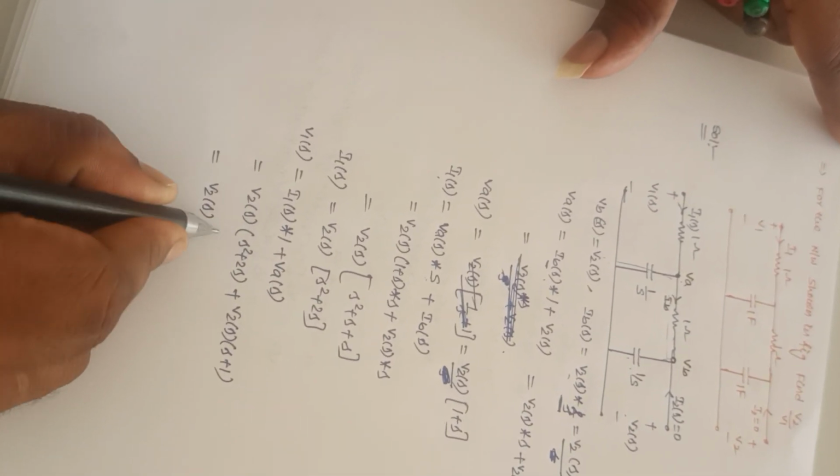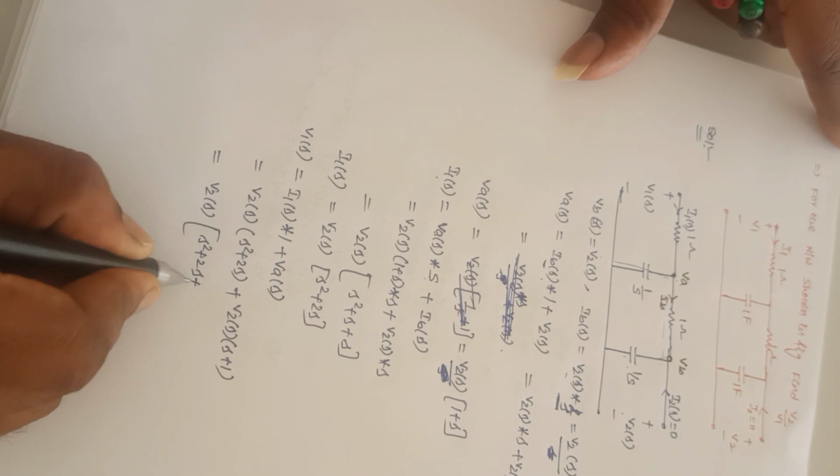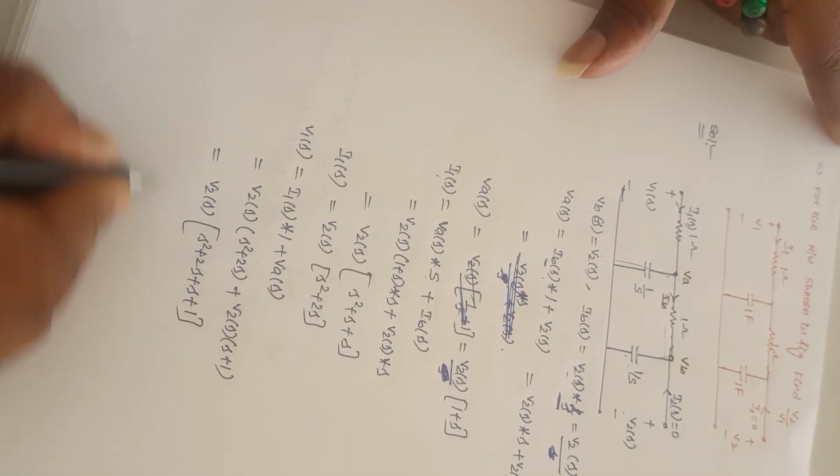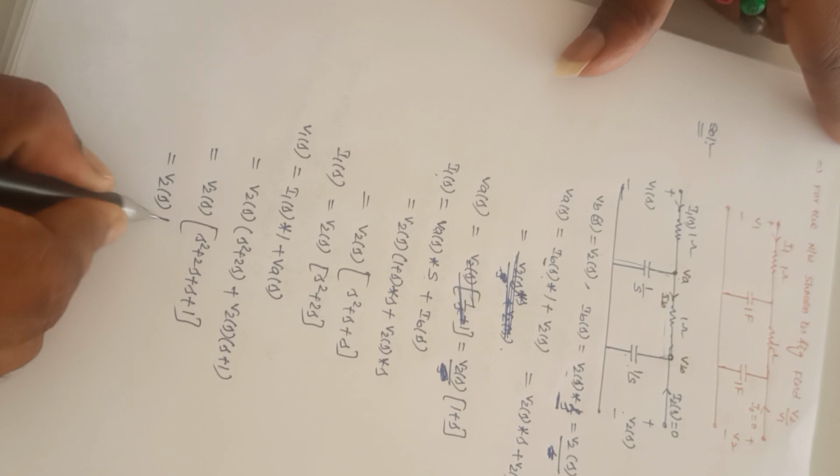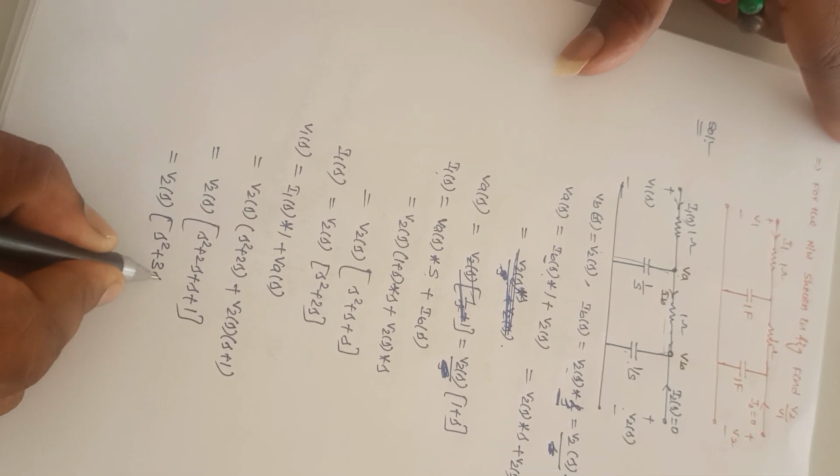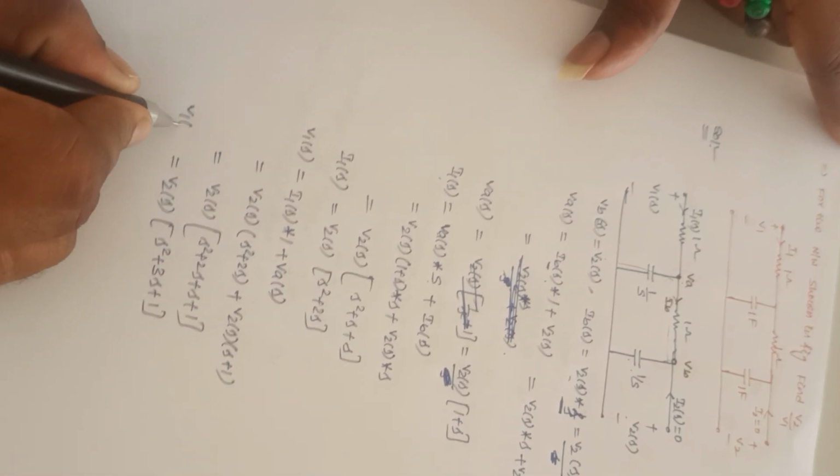It is S square plus 2S plus S plus 1. So it is V2 of S into S square plus 3S plus 1 here. It is V1 of S.